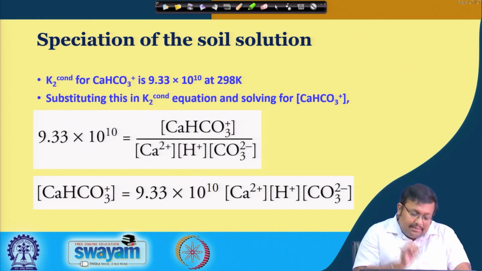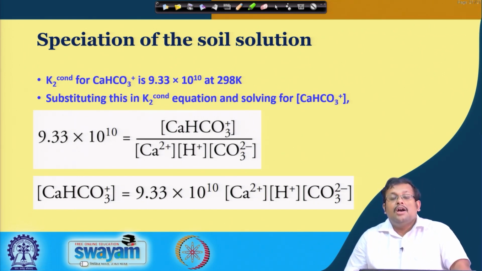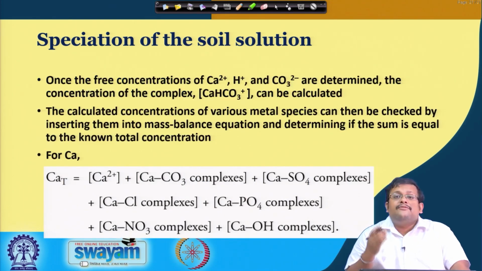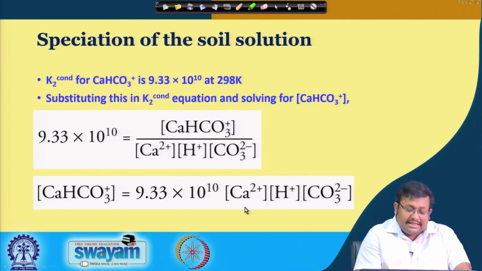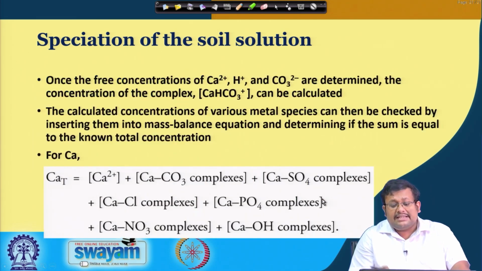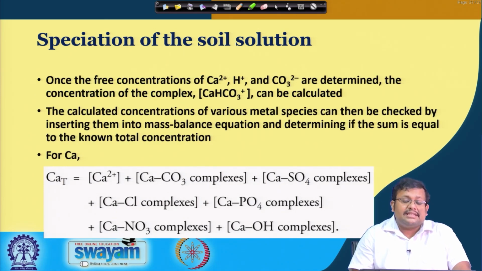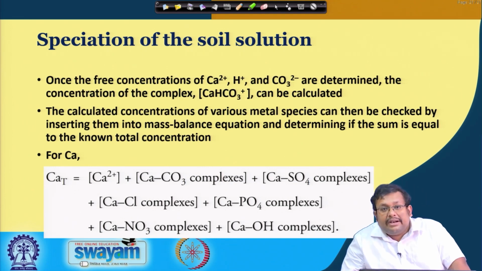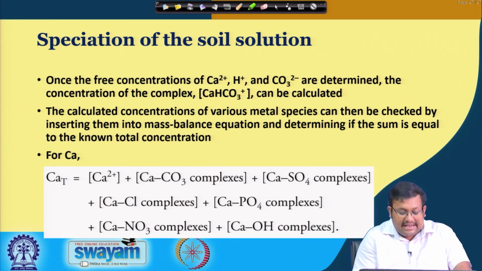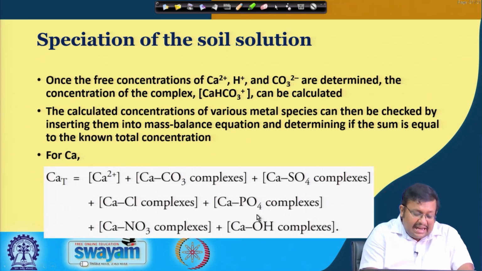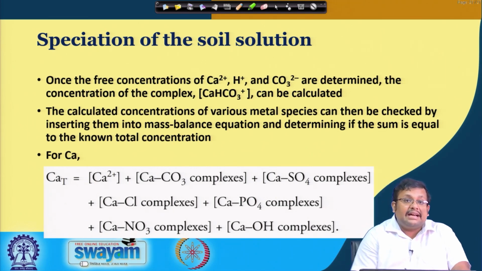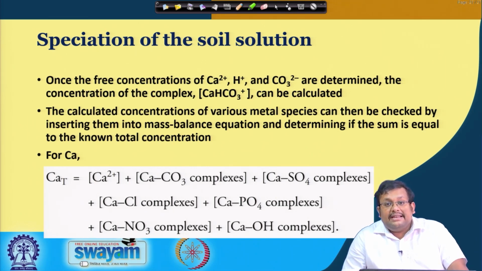In a similar way we can calculate the concentration of each and every compound which is present in the soil solution. Once the free concentrations of Ca2 plus, H plus and CO3 2 minus are determined, the concentration of the complex, that is calcium bicarbonate, can be calculated. The calculated concentrations of various metal species, for example calcium carbonate, calcium sulphate, calcium chloride, calcium phosphate, calcium nitrate, calcium hydroxide, can all be checked by inserting them into the mass balance equation and determining if the sum is equal to the known total concentration.